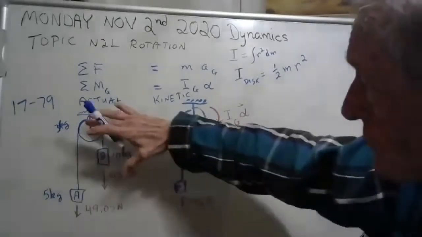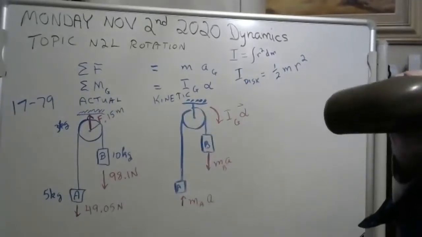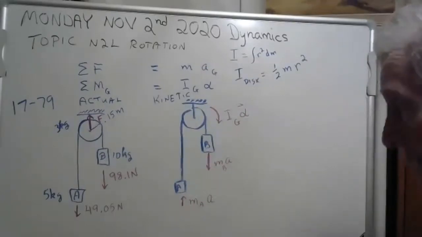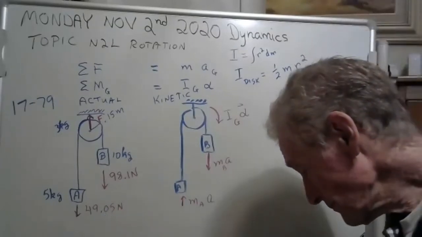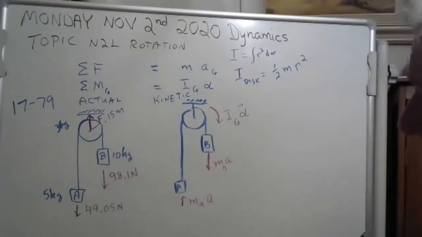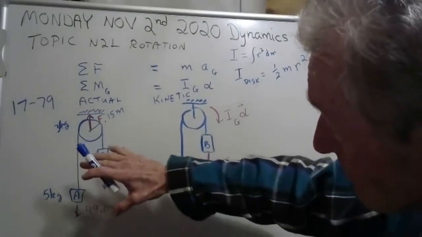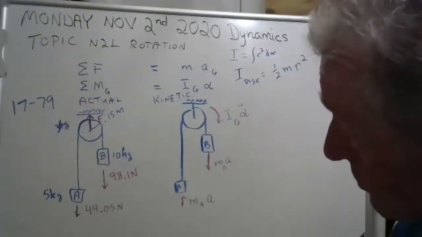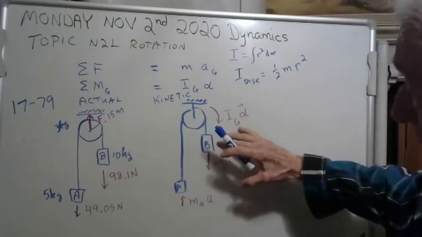One is the actual diagram, and one is the kinetic diagram. These are called actual forces. These are called kinetic forces. There are no actual couples acting on this. However, there are moments, but there's no external moment acting on it. And this is called a kinetic moment.